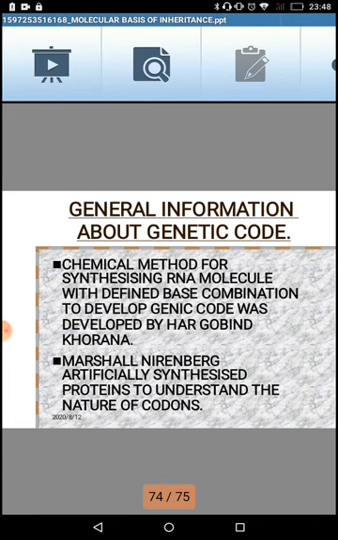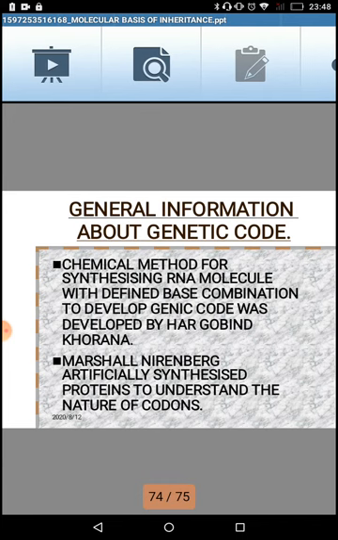There are names of scientists like the chemical method for synthesizing RNA molecules with defined base combinations to develop the genetic code was given by Har Gobind Khorana. This was the person who actually discovered how messenger RNA is formed. Next one, Marshall Nirenberg artificially synthesized protein to understand the nature of codons. So, how the proteins will be synthesized with the help of messenger RNA going to the ribosomes, and then the translation process happens.